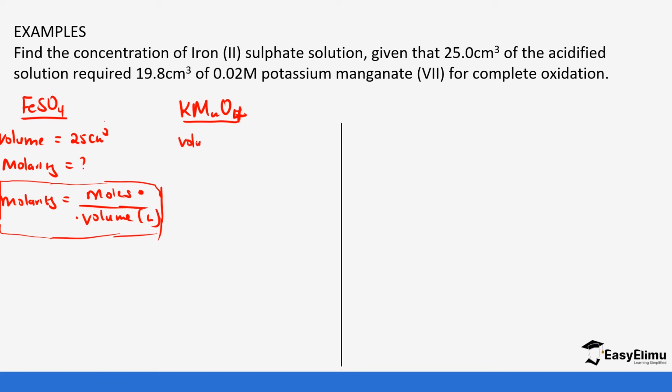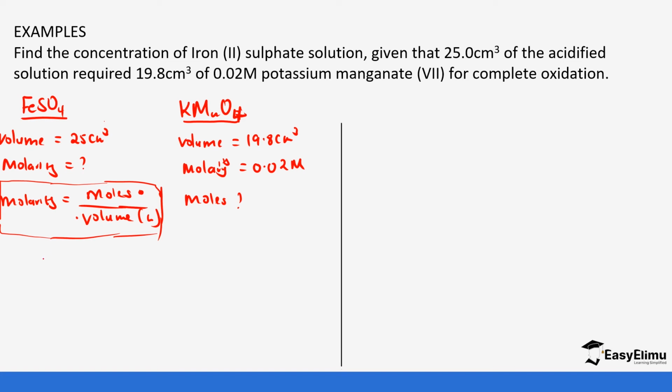We have the volume, which is 19.8 centimeters cubed, and we also have the molarity, which is 0.02 M. So using these two values of molarity and volume, we can get the moles for the potassium permanganate, and then we get the mole ratio and do this calculation.